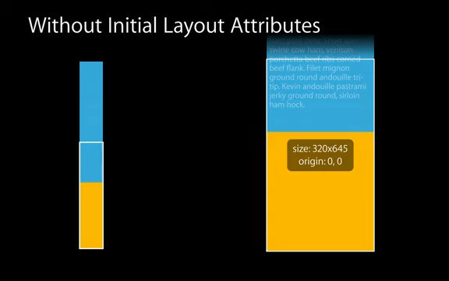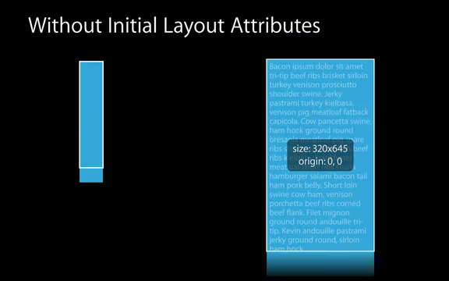On the left here, we see what's happening to the viewport. On the right is what the user actually sees. Without initial layout attributes, the blue content is stuck where it really is, and the viewport slides up to meet it. And that makes that unwanted animation.